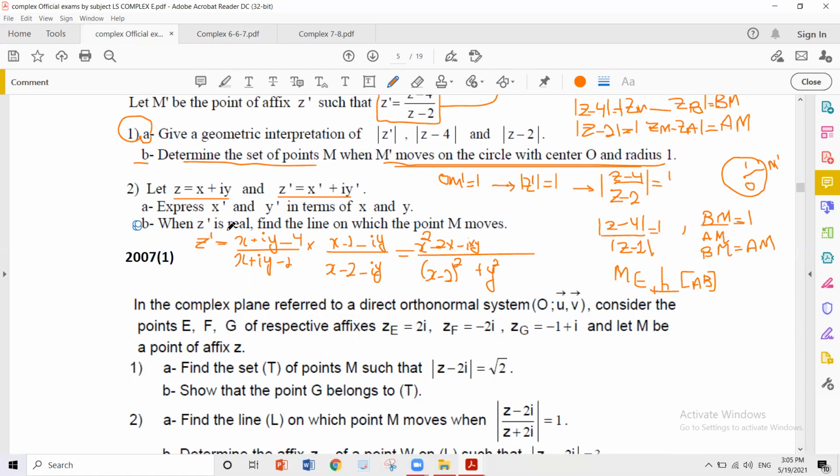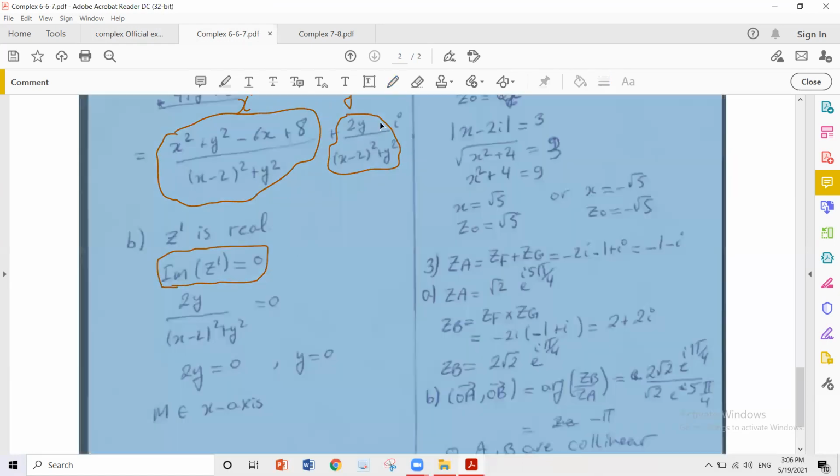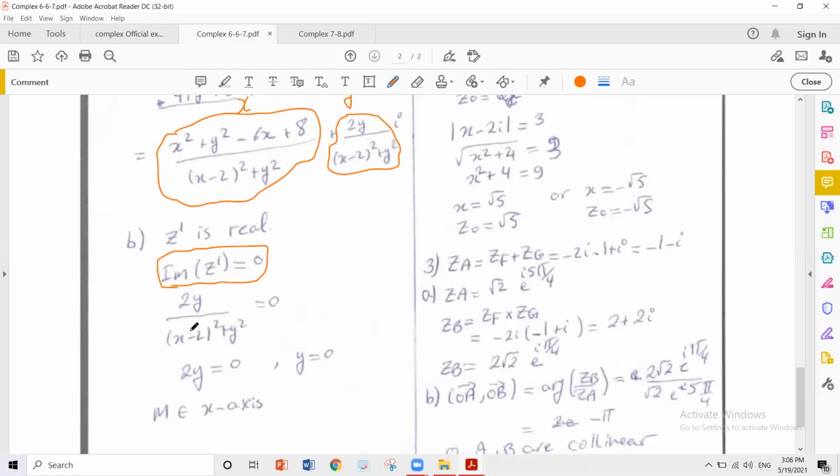So 2y over x minus 2 squared plus y squared equals 0. By cross multiplication, 2y equals 0, and y equals 0. This is the equation of the x-axis. M belongs to the x-axis.